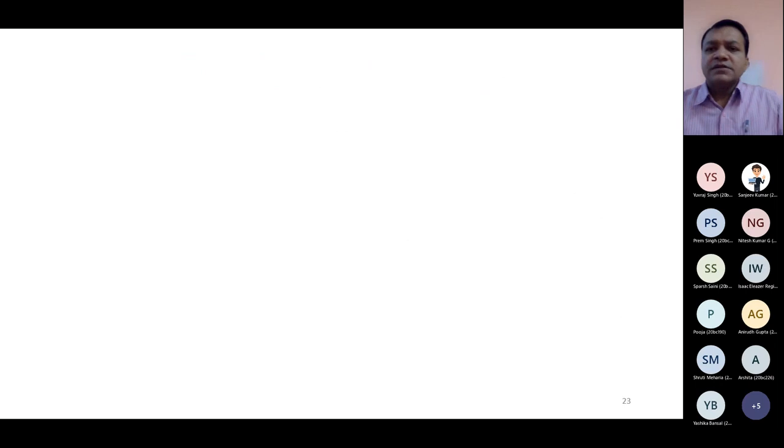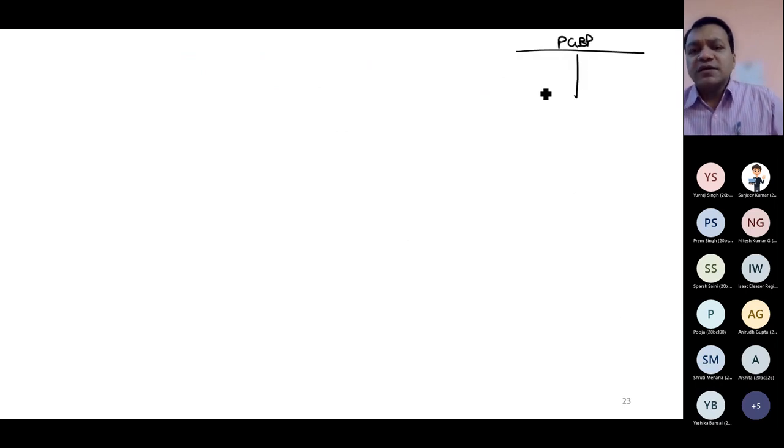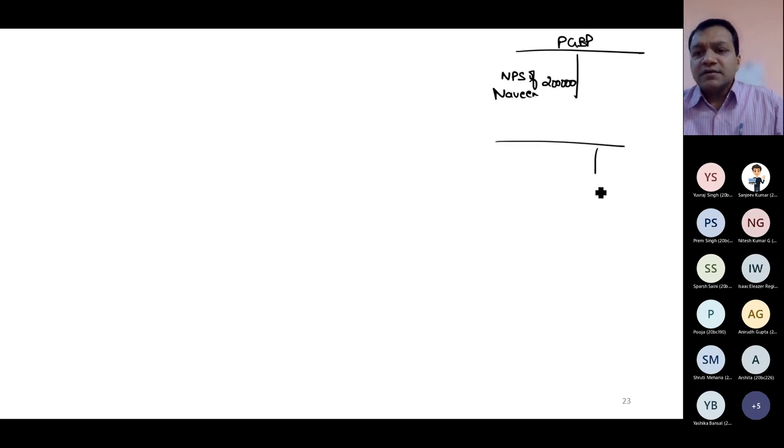Suppose the employer is a businessman, and in the NPS of Naveen, who is the employee, they have given 2 lakh rupees. When Naveen computes the salary, he will write employer's contribution in NPS 2 lakh. How much is exempt? Nothing is exempt, but in future there will be a deduction.